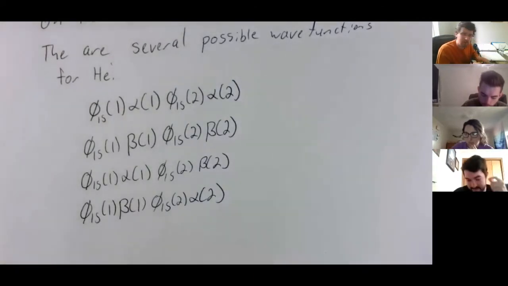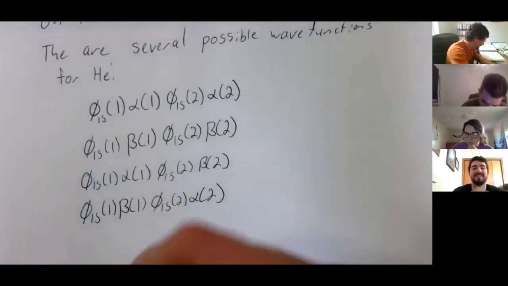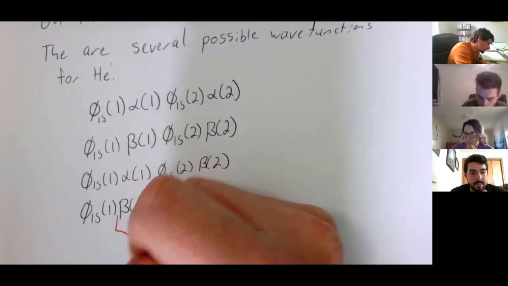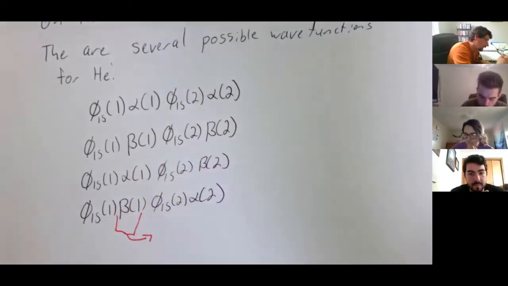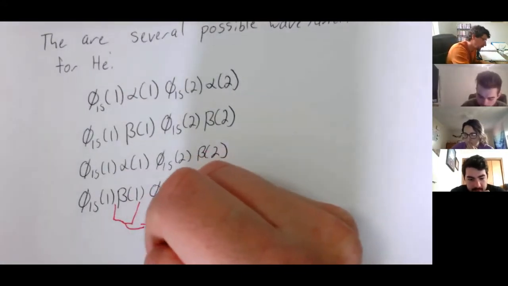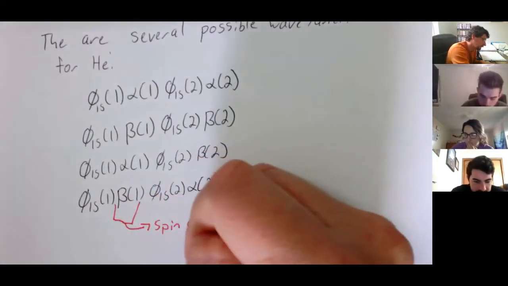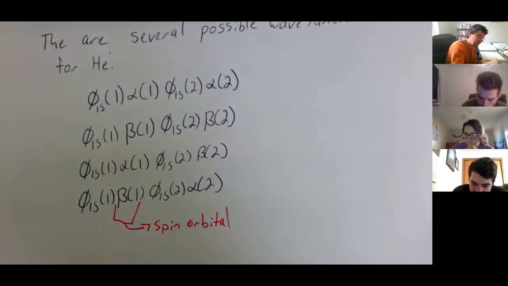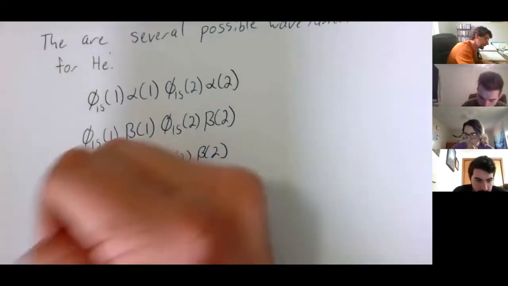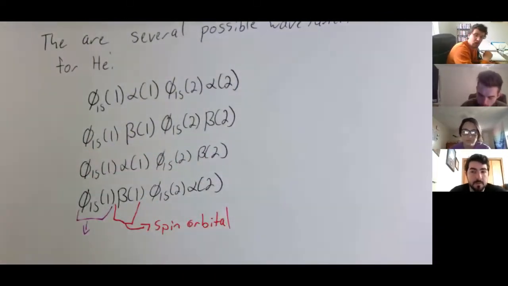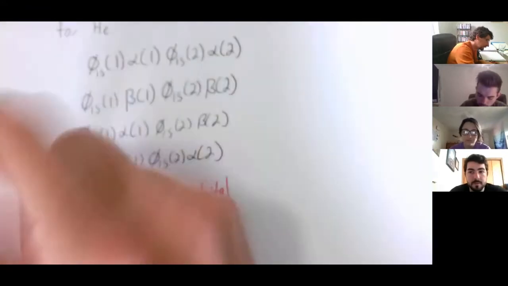Now, there are two different types of orbitals we're talking about here. People sometimes call this beta and alpha part the spin orbital. And sometimes these orbitals here are often called spatial orbitals.